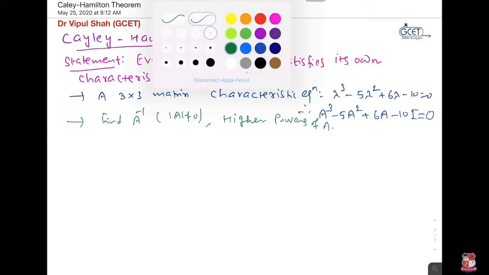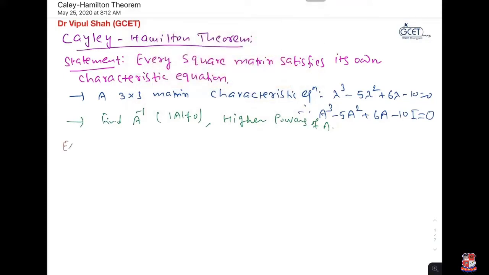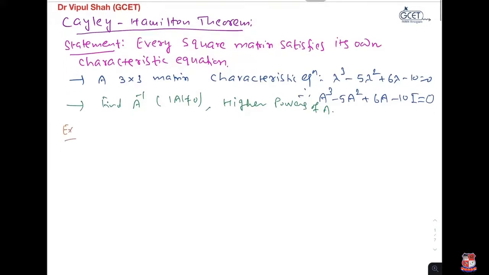So let us have an example. So let us solve one example. Verify Cayley-Hamilton theorem for the following matrix.